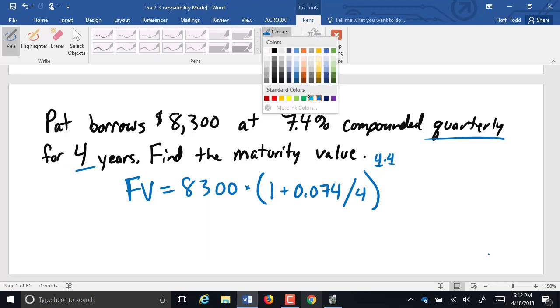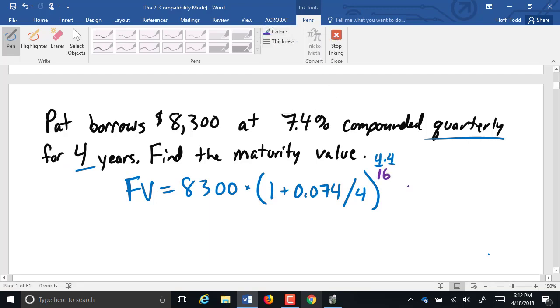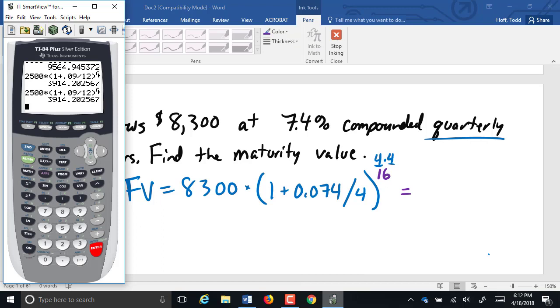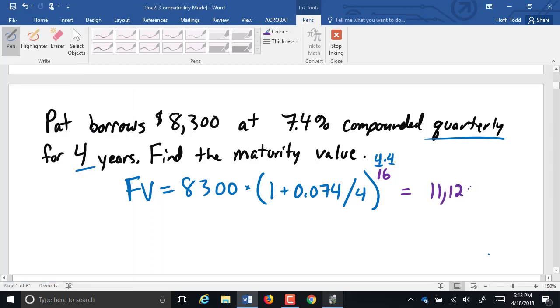So yes, that's the power of 16. So 8,300 times, parentheses, 1 plus 0.074 divided by 4, close parentheses, the power of 16. 11,128.96. Yes.